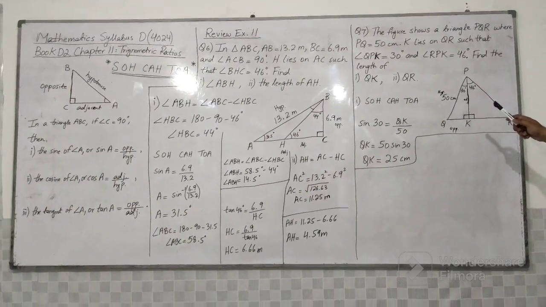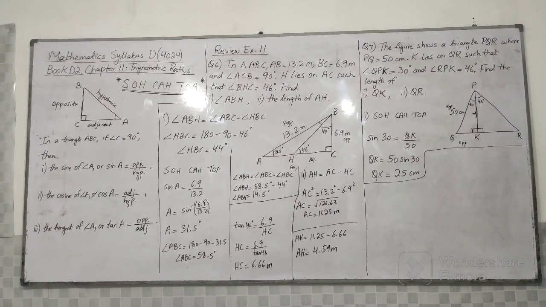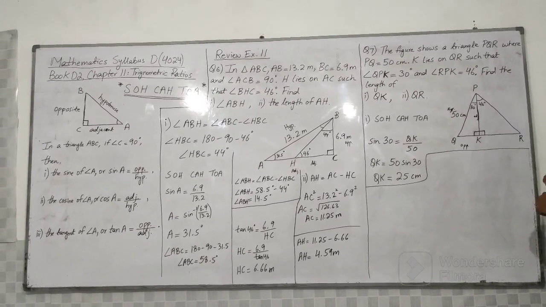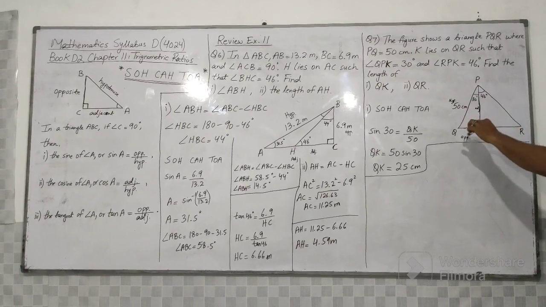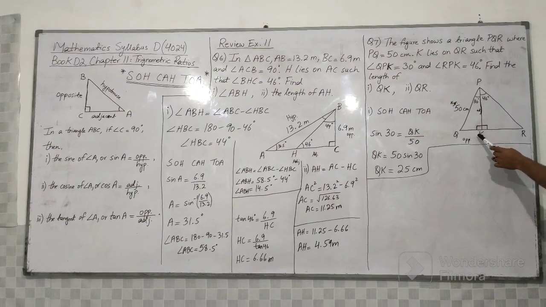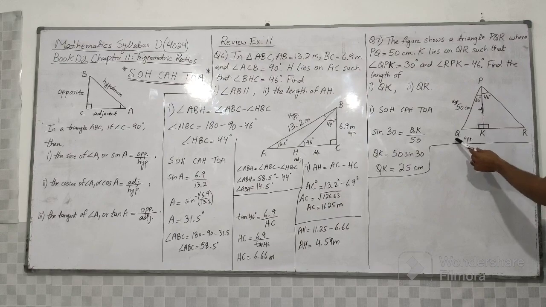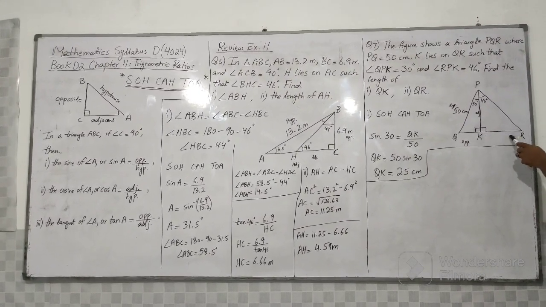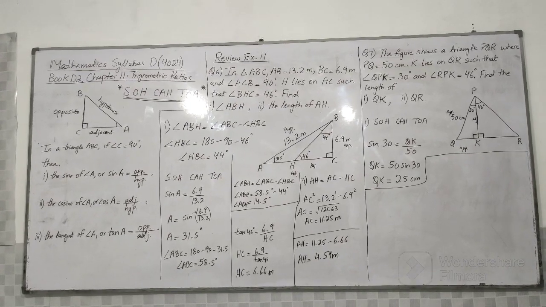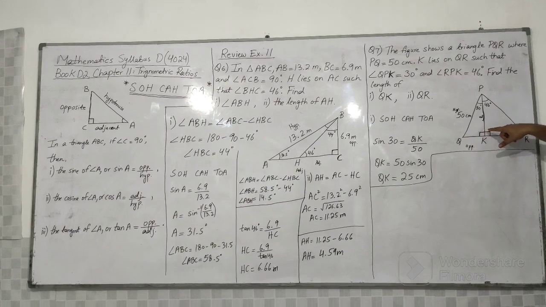Okay, so now we are required to find QR in part 2. To find QR, because this is a non-right angle triangle, we have to find these two sides separately. So you have QK already from part 1, which is 25. So you just have to find KR. In order to find KR, you should have this length PK.